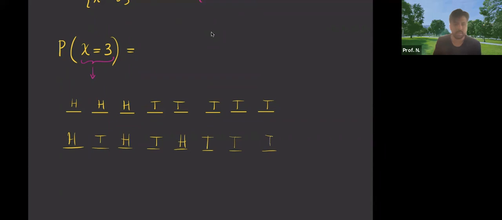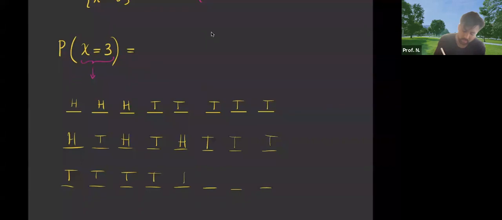That's another way. How else can I get this? Do you see how this now becomes more taxing? Because actually there's many ways. You can have tails first, then all heads at the back. Then you can have an assortment of different arrangements. Wait a minute. Arrangements.